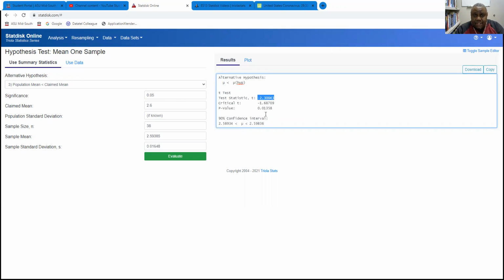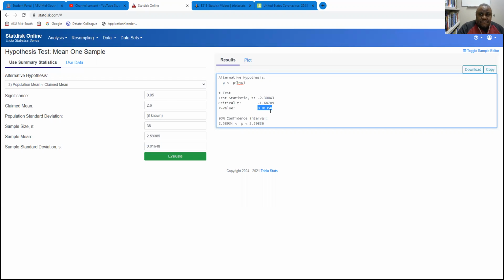Then the critical t-value, or the critical value in this case, would be negative 1.687 to 3 decimal places as well. And then finally, the p-value to 4 decimal places, this will be 0.0136. Because this 8 will make that 5 a 6, so it'll be 0.0136 as your p-value.